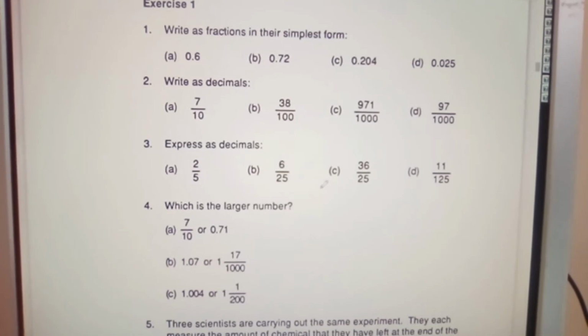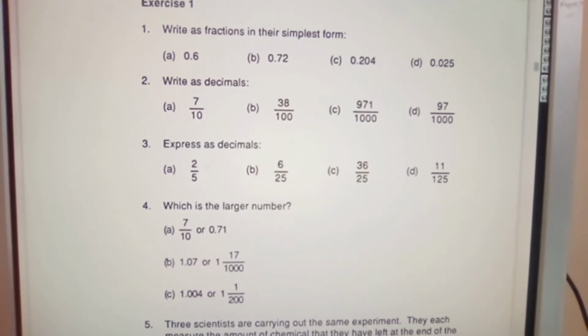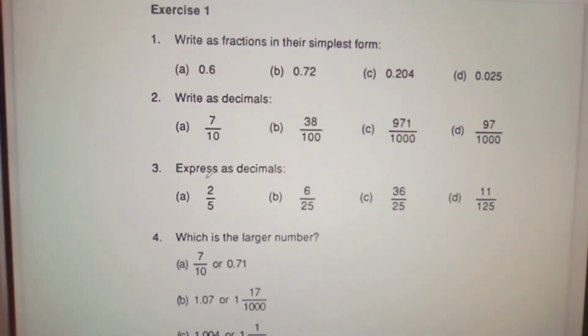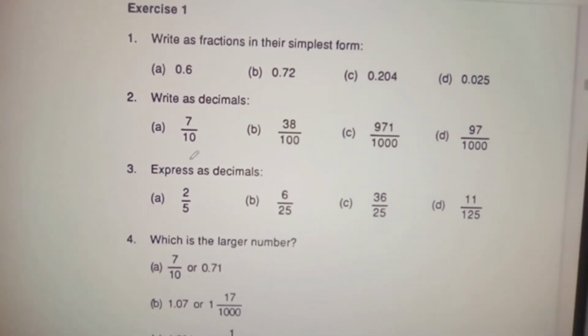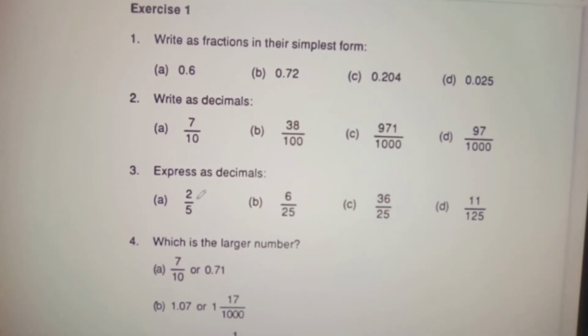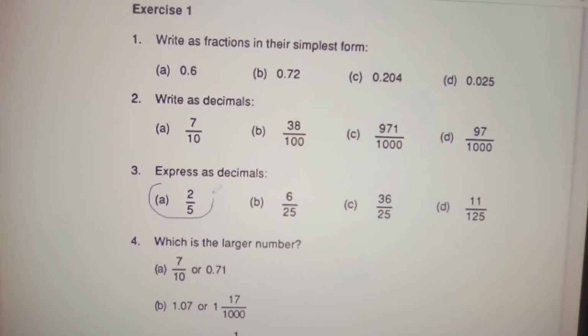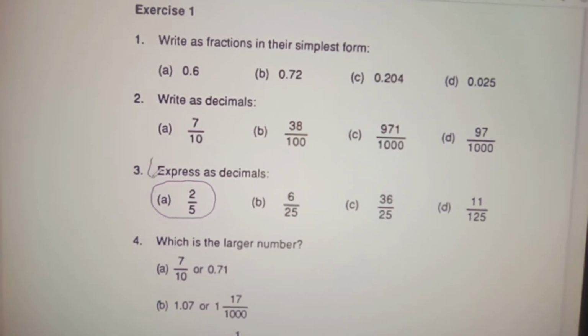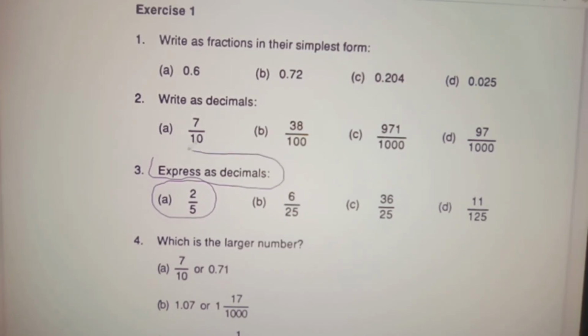Okay, right, so we're going to do this one here first. We're expressing as decimals, okay? This is what we're going to be looking at and doing.